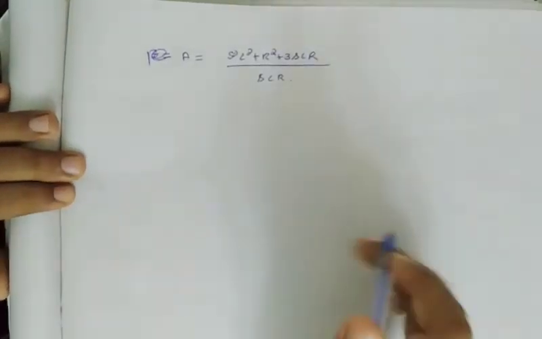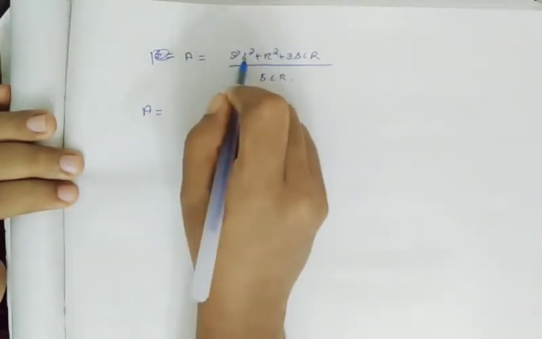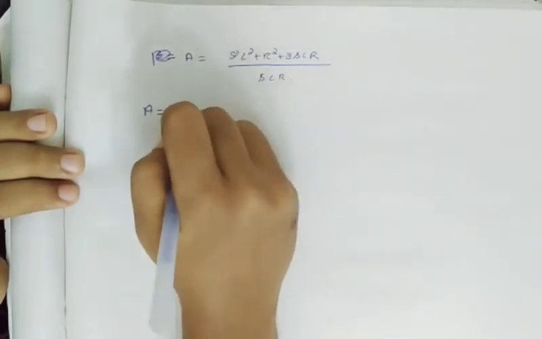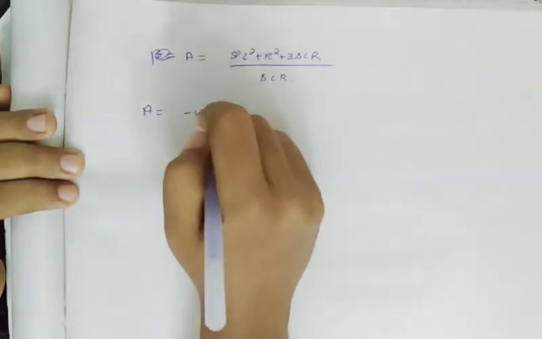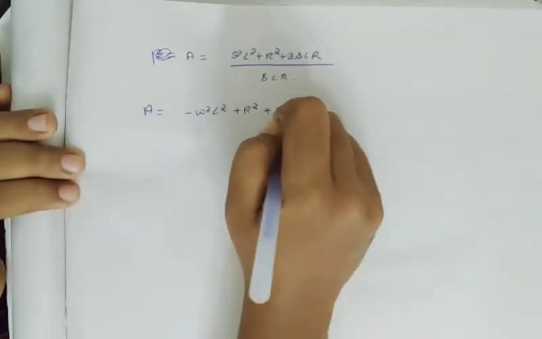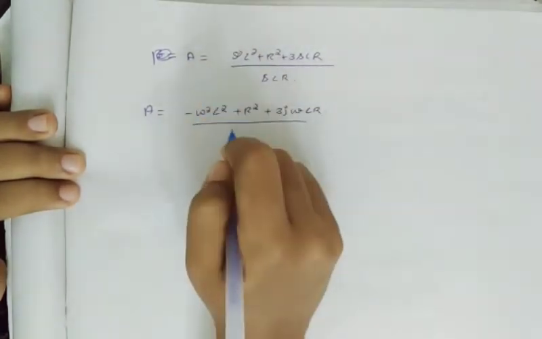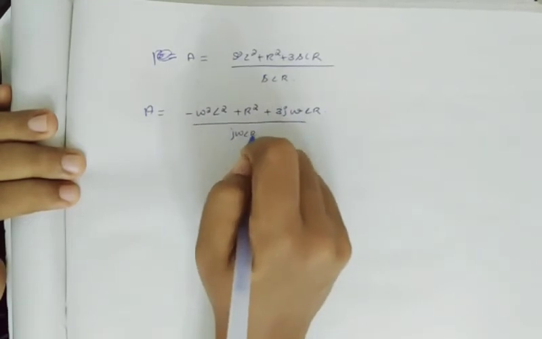Okay, and now S is equal to J omega, that means J omega the whole square into L square, which we will get omega square L square plus R plus 3 J omega LR whole divided by J omega LR.